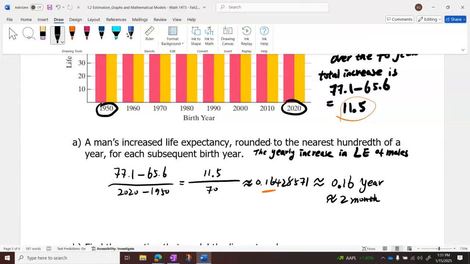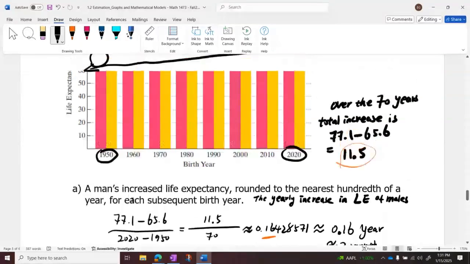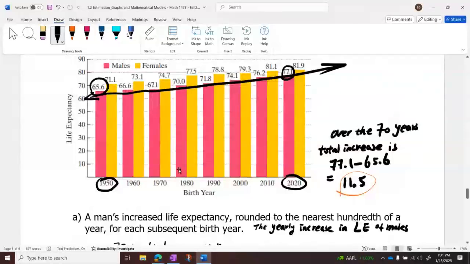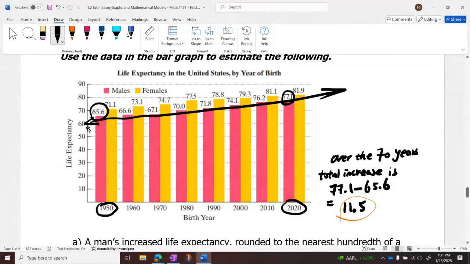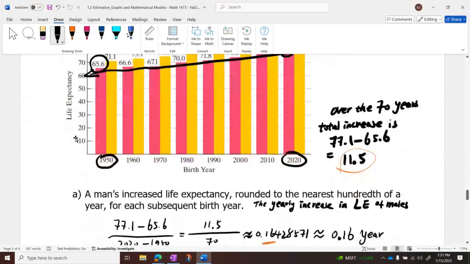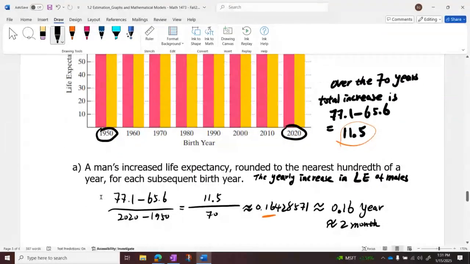All right, guys, does that make sense? Let me summarize. For this type of problem, if you see the bars have a linear trend, what does it mean when we say linear trend? It means the trend can be described by a straight line, like the black straight line I drew here, which pretty well matches the trend of the red bars, right? And how do you find the yearly change in y?